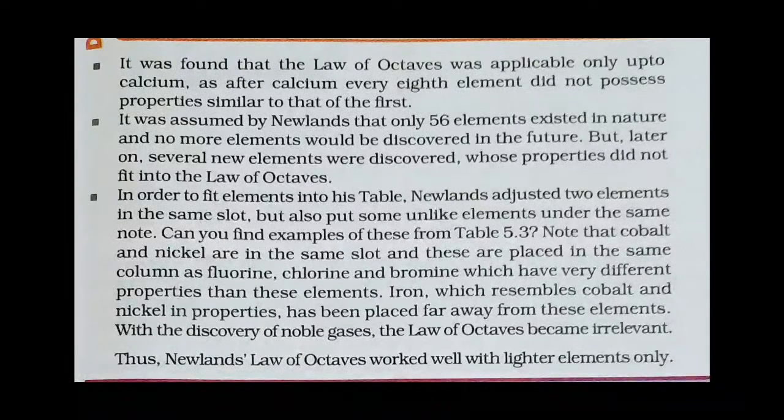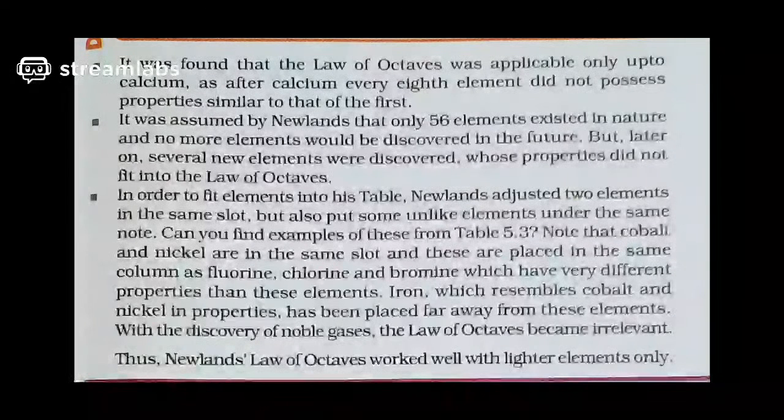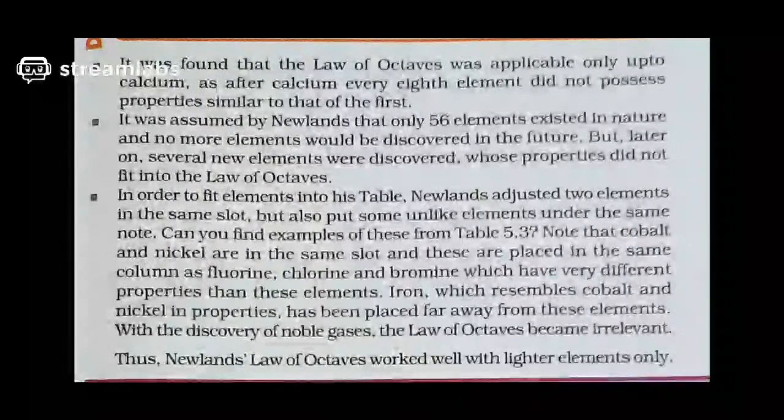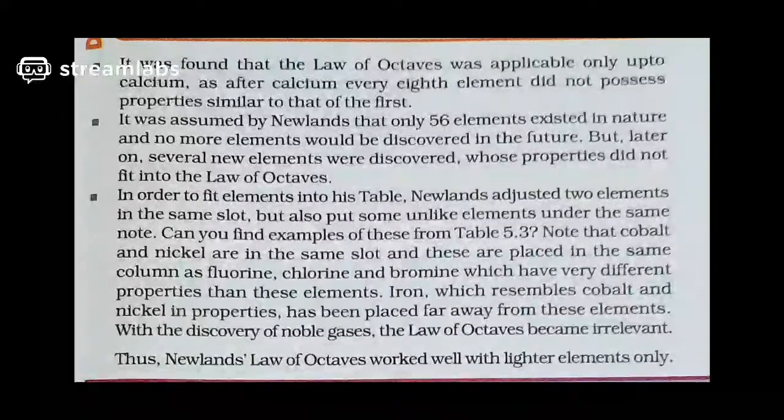The same slot, the mistake done by him, the elements showing similar chemical and physical properties, and hence the law of octaves became failure.